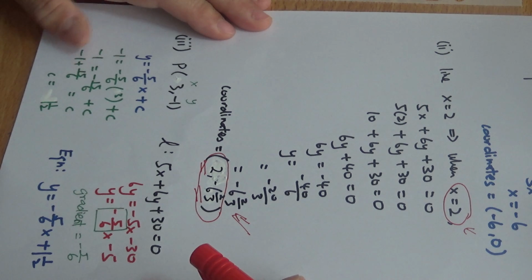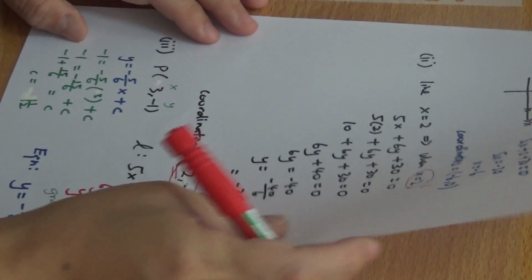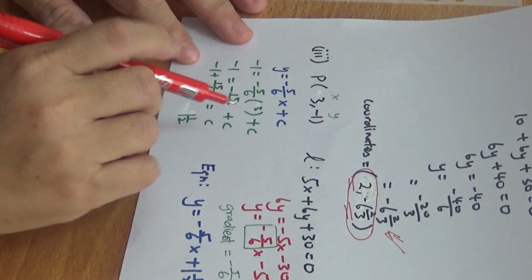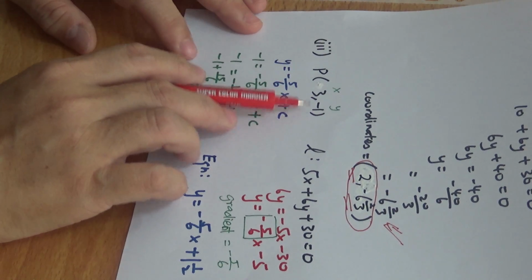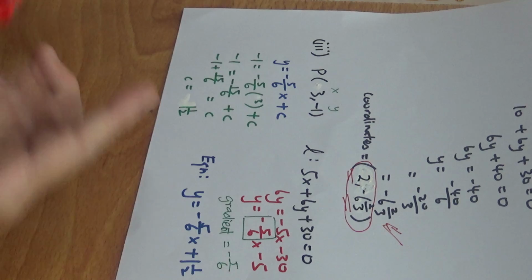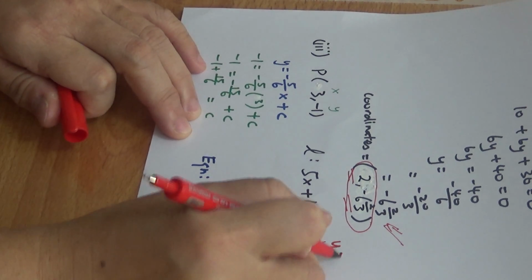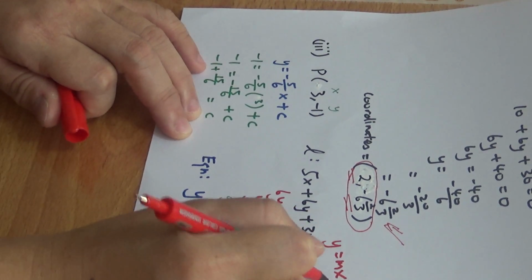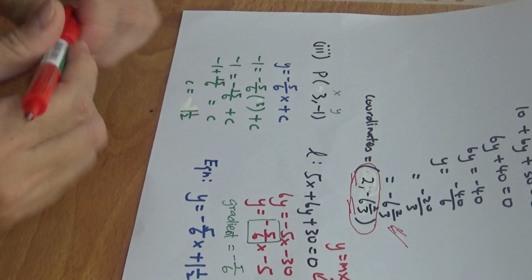Now part 3. Given that P is the point (3, -1), find the equation of the line passing through P and having the same gradient as L. Now, P is the point (3, -1) and L is this equation. But this equation is not yet in the form y equals mx plus c. I must put this equation into this form.